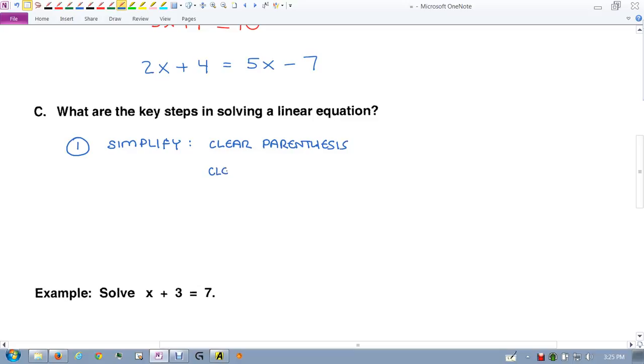We'd want to clear fractions. That means if we have fractions, we want to try and get rid of them. Or if we have decimals, we want to get rid of them. And then combine like terms. Okay, so that's the first step. We simplify.